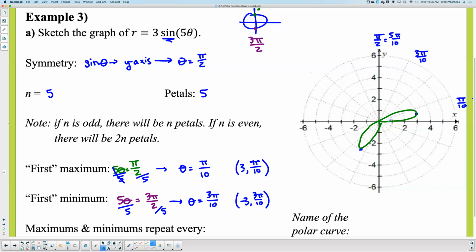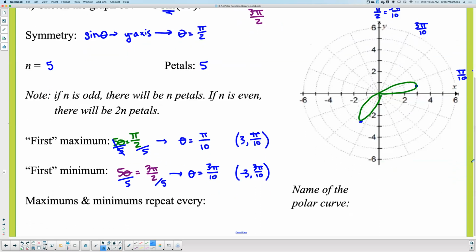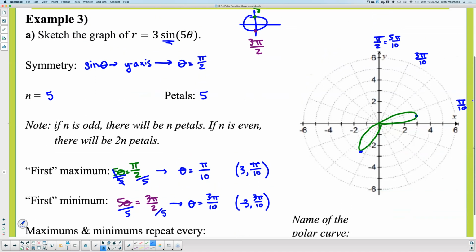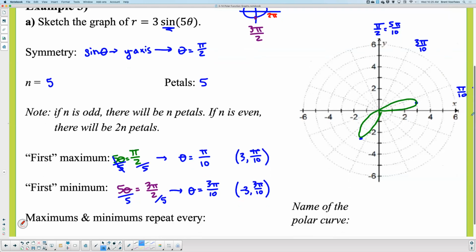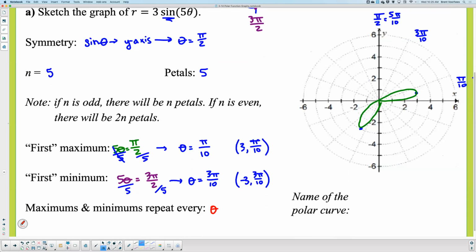Okay, so now I want you to think about this. The maximums and minimums repeat every, well, what is normally a period for sine? 2 pi. It usually repeats every 2 pi. But this time, because it's a 5 theta, how do I get this isolated here? Divide by 5.